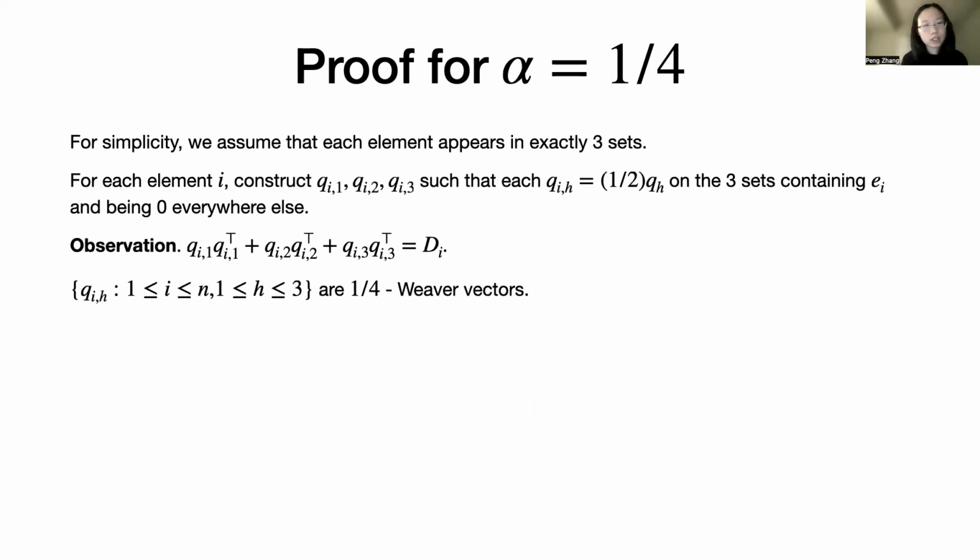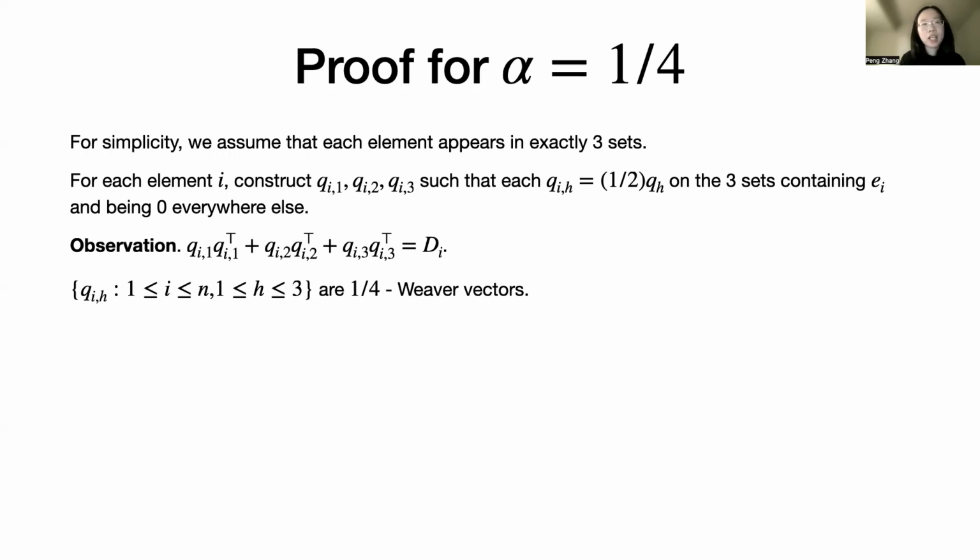Okay, here is our construction. For simplicity, we assume that in the 2-2 set splitting instance, every element appears in exactly 3 sets. Otherwise, we will add some dummy sets and dummy elements.